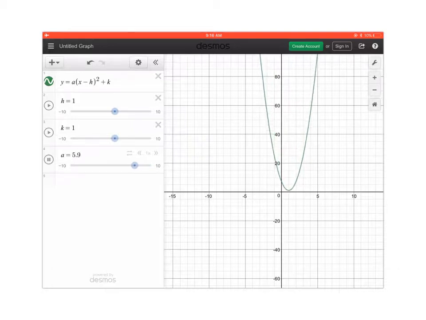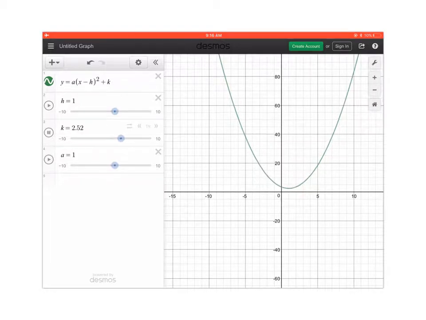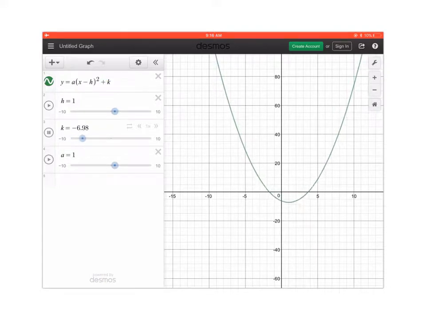And so notice here that a is changing. When a is negative, the graph opens down. When a is positive, the graph opens up. So that's just going to flip it around. Now, get it back so it's shaped up. All right, and then if I move k, this outside number here, all that does is move the graph up and down.